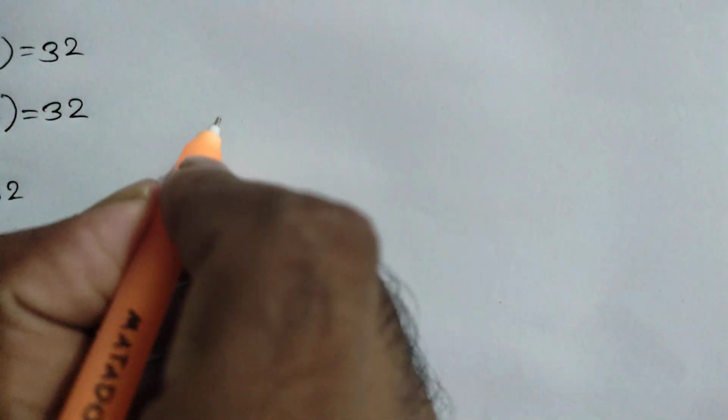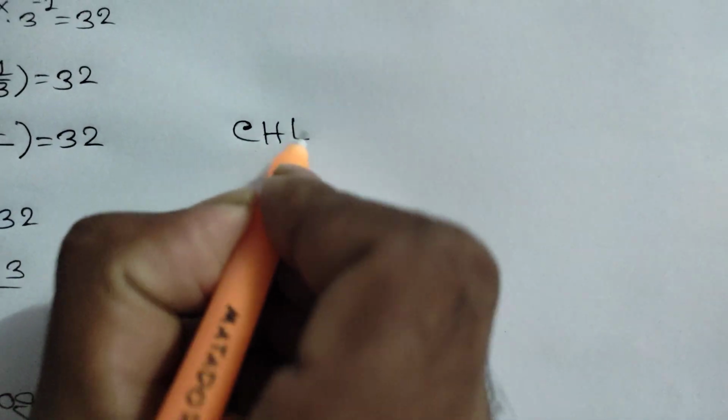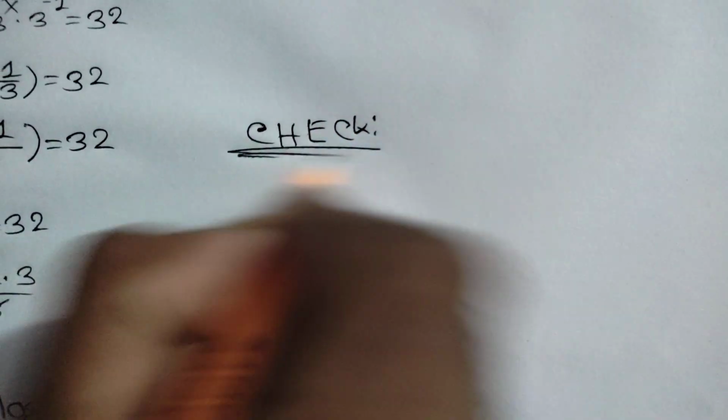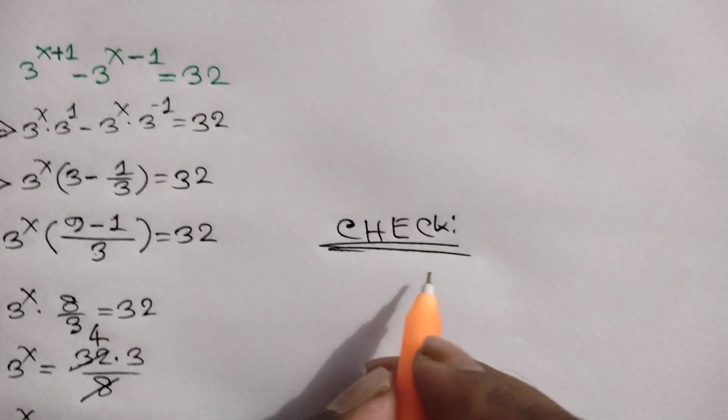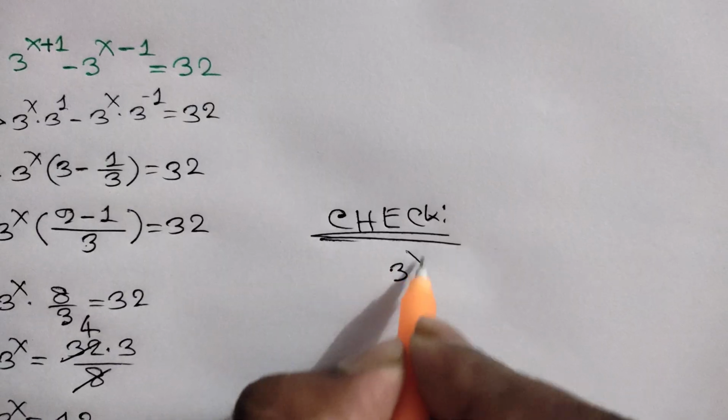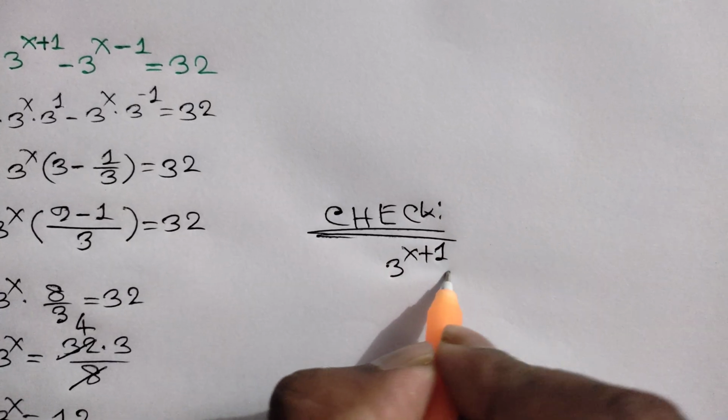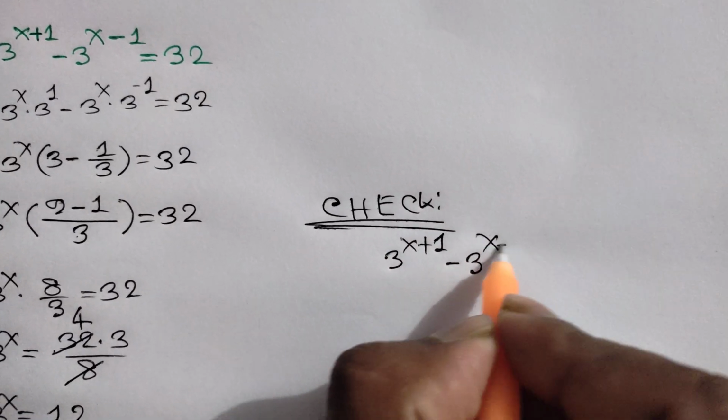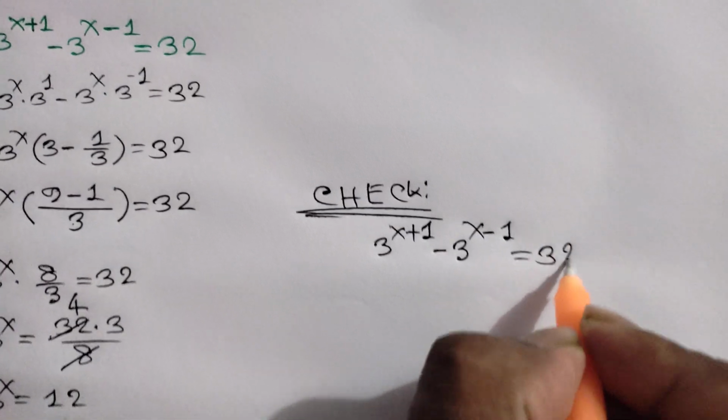Now check. The question has given 3 to the power x plus 1 minus 3 to the power x minus 1 is equal to 32.